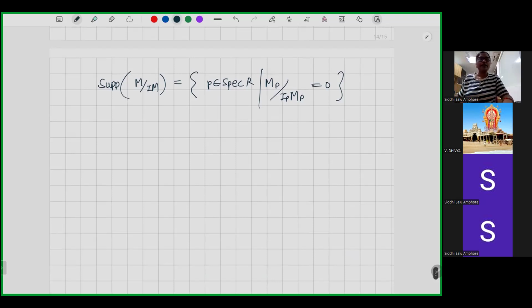And so this is what? This is the support of M intersection V of I, right? Because I want this to be non-zero.